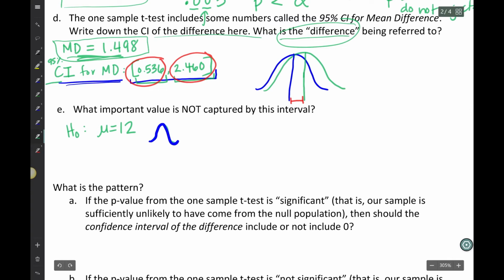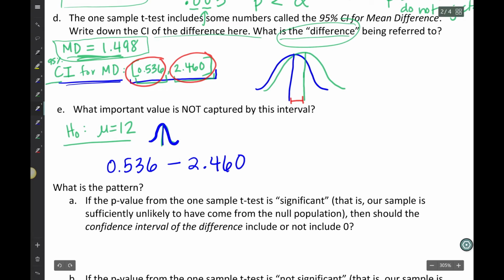And we would expect, if the null is true, a mean difference of 0. Is 0 in between these values that we got for our confidence interval? Does this interval contain 0?